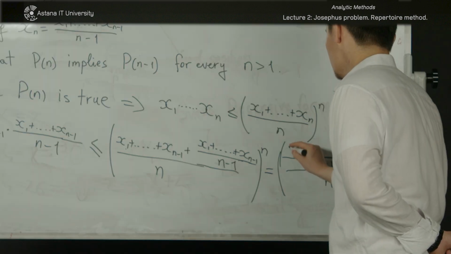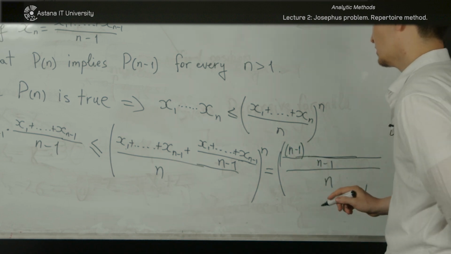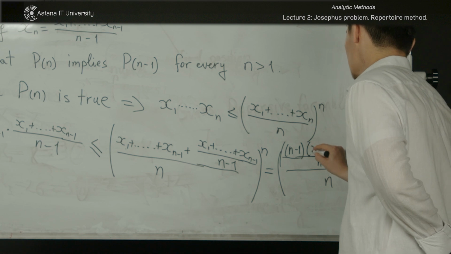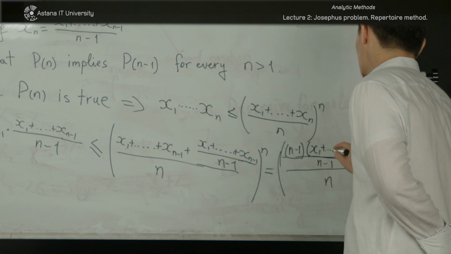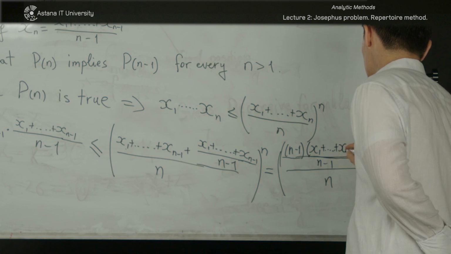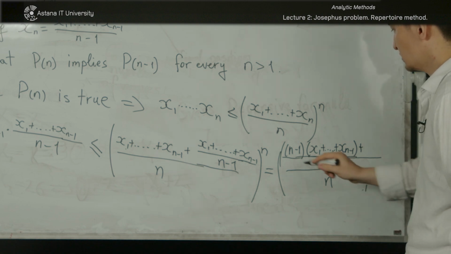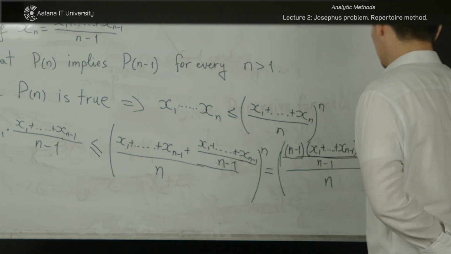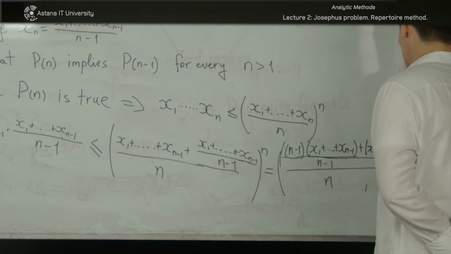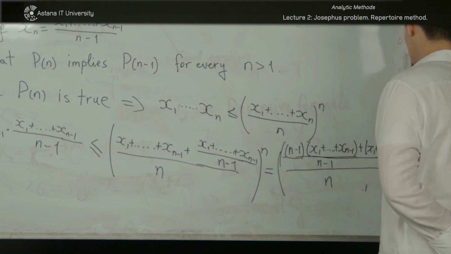And over here I will have n minus 1 multiplied, if I bring it to a common denominator, by the sum of x1, x2 until xn minus 1, plus this sum as well, which is x1 until xn minus 1. And I have the power of n.